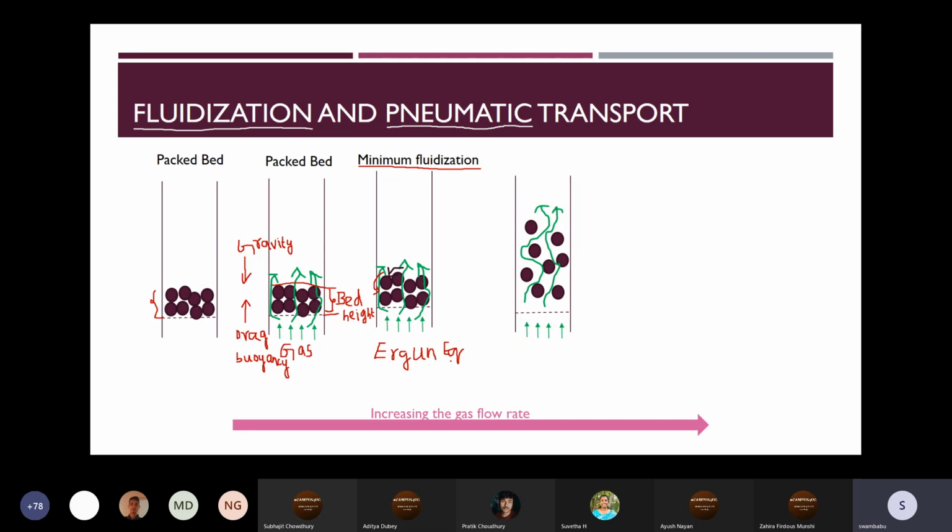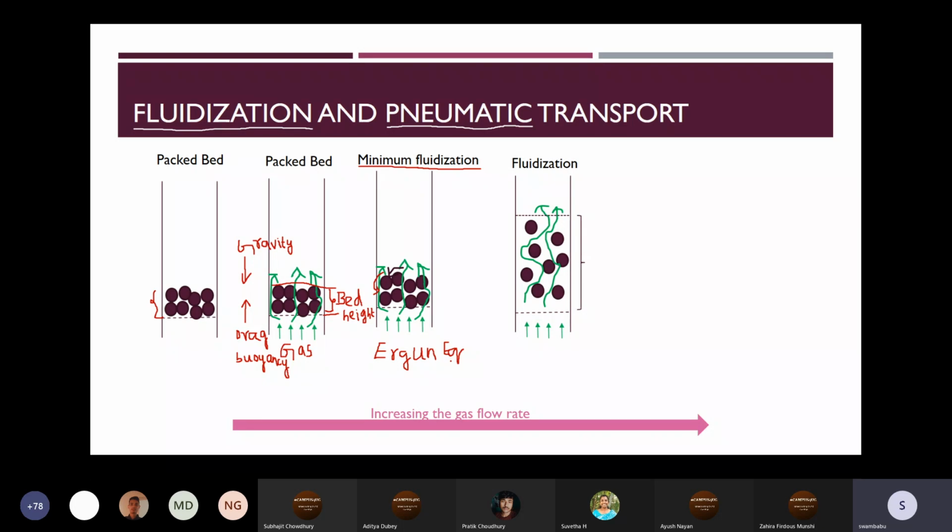Suddenly, the bed height will increase, but it will be limited to a certain height. That depends upon the velocity.